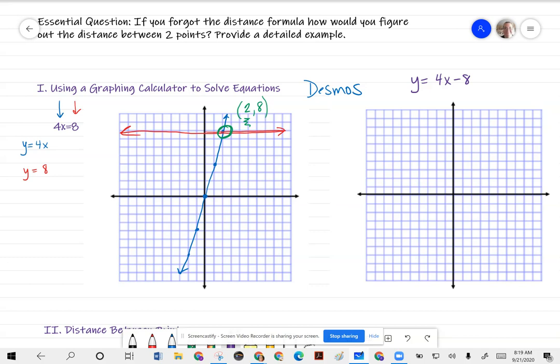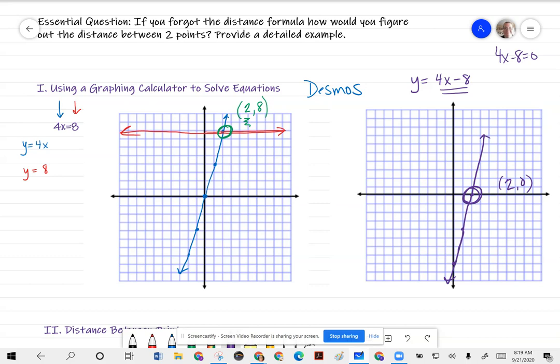So we've got negative 8 down here, 1, 2, 3, 4 over 1, 1, 2, 3, 4 over 1, and you can see that the solution right here is on the x-axis where it's 2, 0, because when I plug in 2, I get 0. Basically what I did was I rewrote the equation as this.